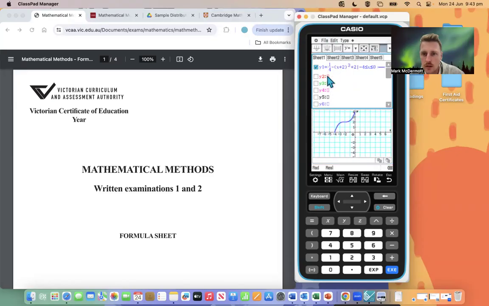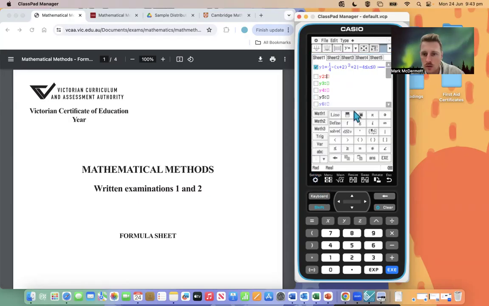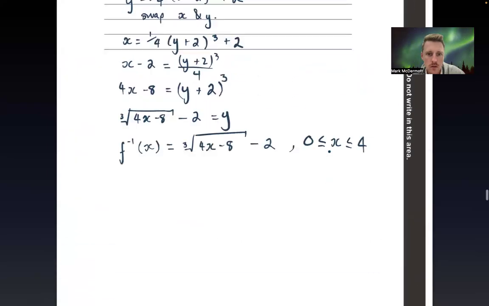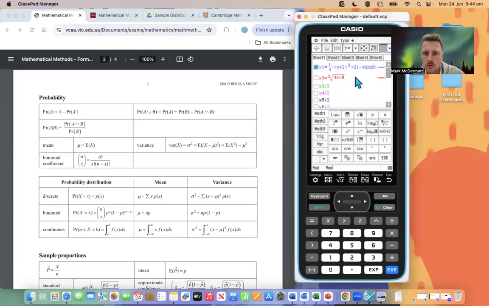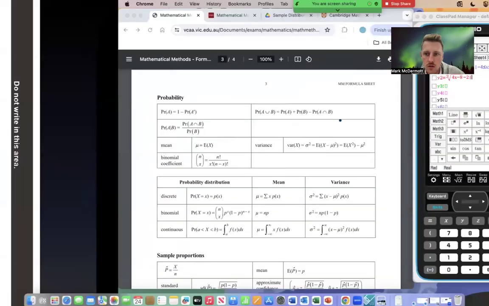Okay, the next part is you need to graph the other part, which is the inverse, right? So the inverse was the cube root of 4x minus 8, minus 2, but I only wanted that between 0 and 4.